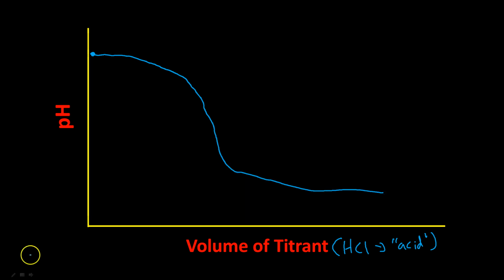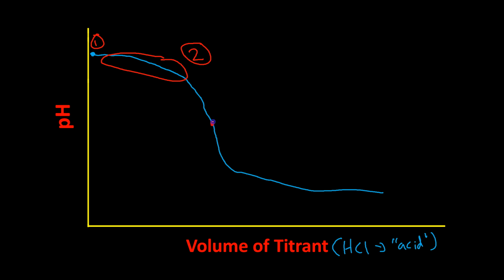In this process, we're going to identify 4 particular regions. Region 1 is before we've added any of our titrant. Region 2 is where we've added a bit of titrant, but haven't got to the big drop yet.